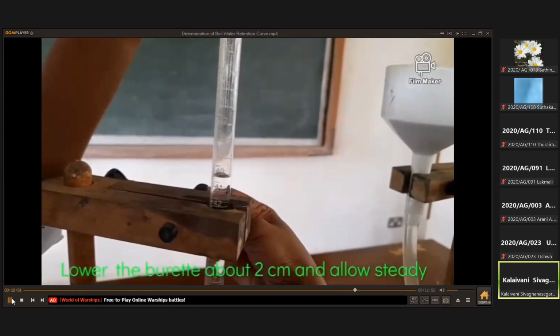Here in the burette, you can get the volume of water and then you can measure the height. When you change the water level height, what can you observe? We can change the water column height and get other readings also.